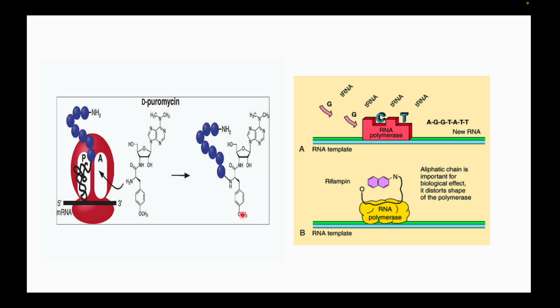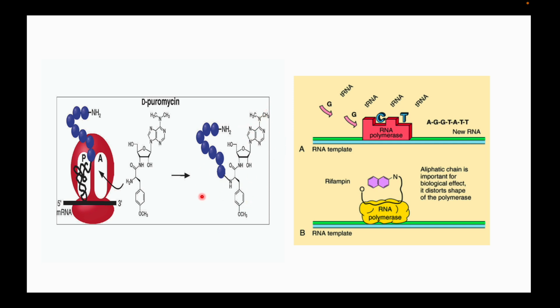Then we have puromycin. Okay, what puromycin is doing again is, we have a polypeptide chain formation here. It has an amino group here. Okay, so this amino group attacks the carboxyl end of this polypeptide chain, and it forms a kind of peptide bond with the polypeptide chain, right?